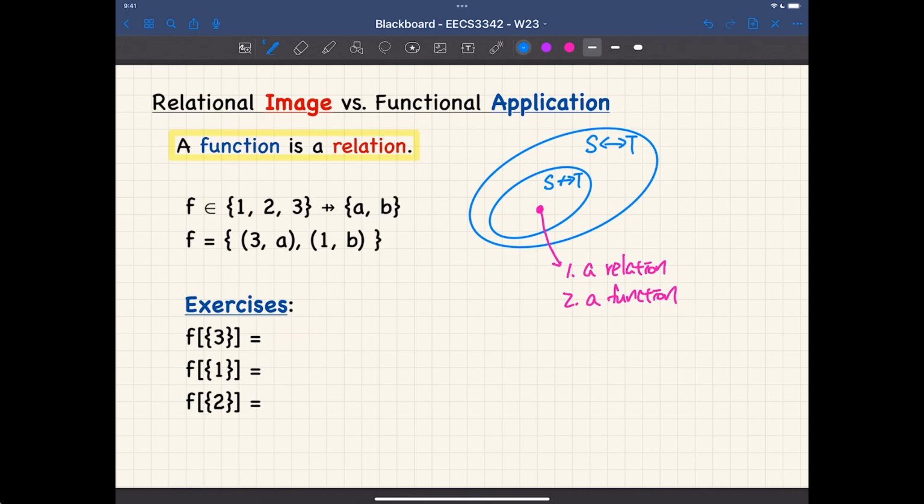So let's say this guy here, let's call it f. F, the relation, is also a function, okay? So you can definitely say f being a relation image of some little set over here. Let's talk about it first, and then we'll see why. We can also have some very useful notion about function application. Well, let's talk about relational image.